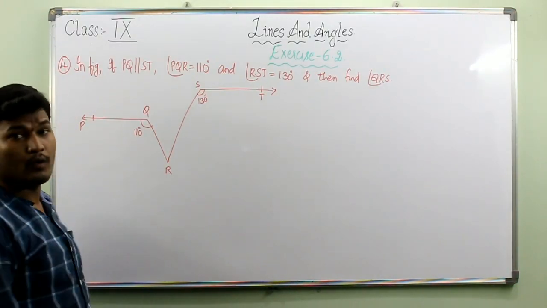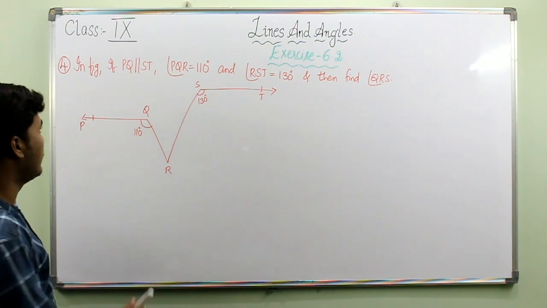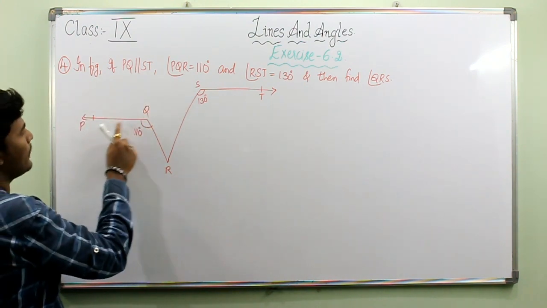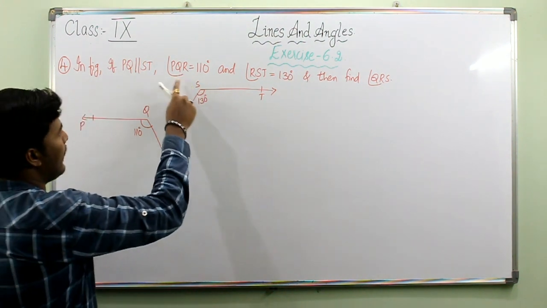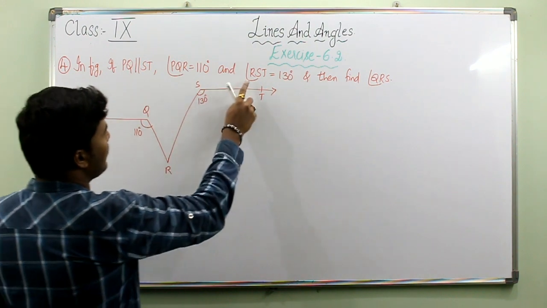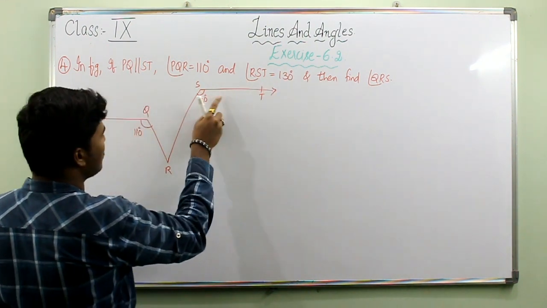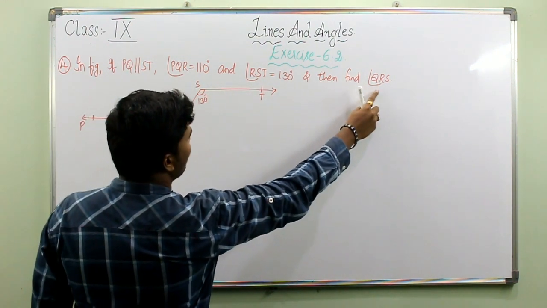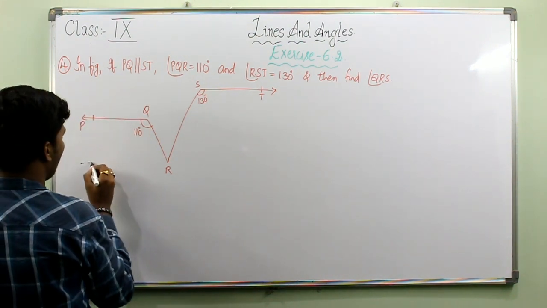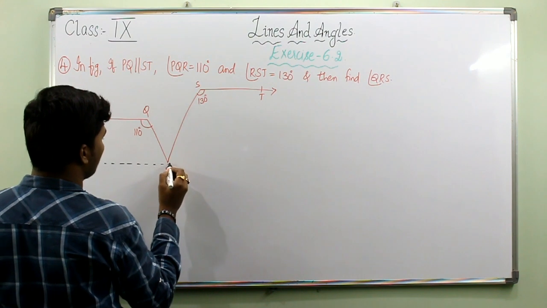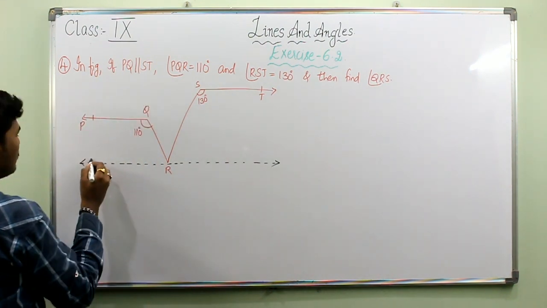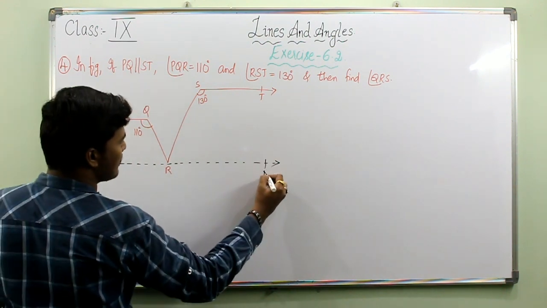Let us discuss problem number 4 now. That is, in the figure, if PQ is parallel to ST, and angle PQR is 110 and RST is 130 degrees, then find QRS. In order to prove this, let us draw a parallel line passing through R. Let us name this as M and N. This is the construction.